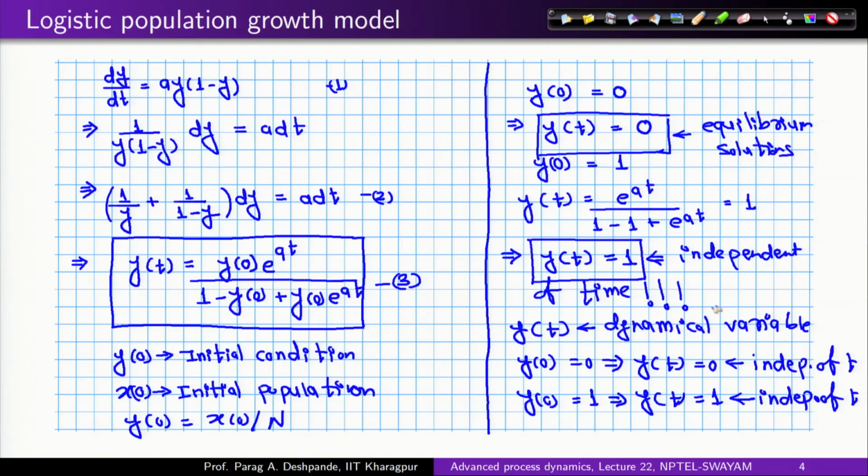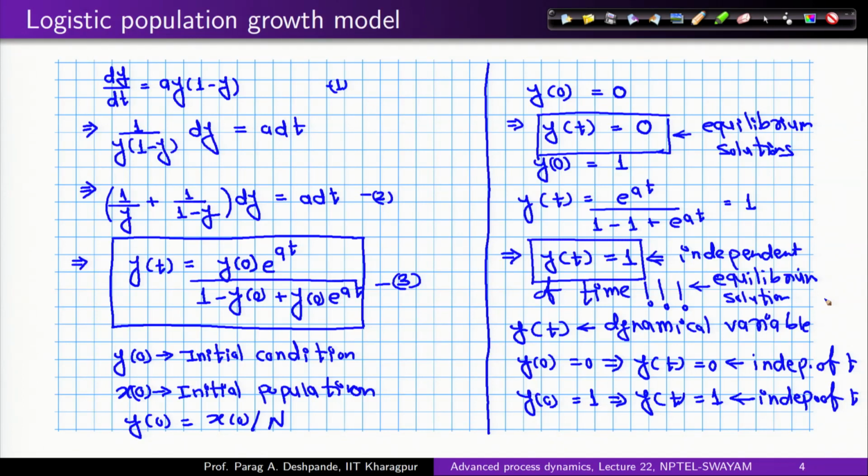Okay. Equilibrium solution, and y t is equal to 0, y t is equal to 1 is also equilibrium solution. So, when I look into this particular system, now I see that fine, I have got my solution as y of t is equal to y 0 e to the power a t upon 1 minus y 0 plus y 0 e to the power a t, that is the solution, that is fine.